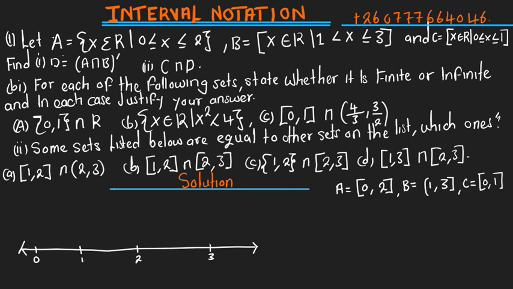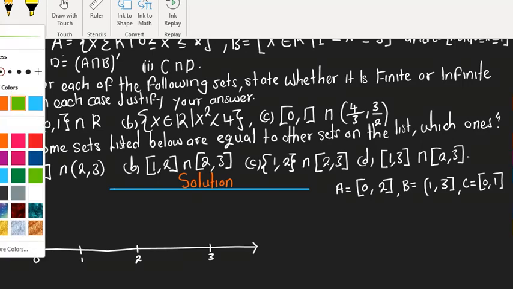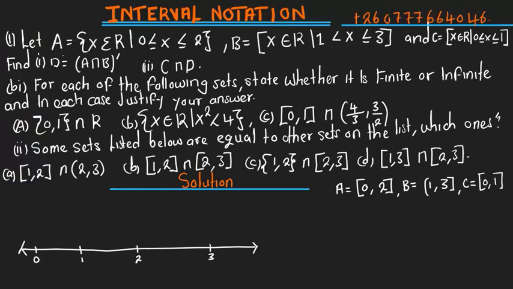And then we are going to plot the first one. We can use a different color. The first one is going to be coming from 0, shaded up to 2.